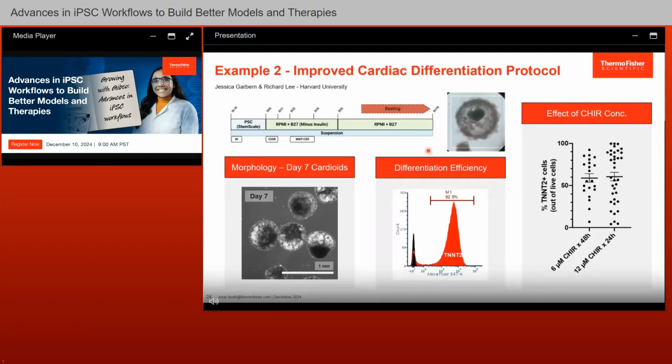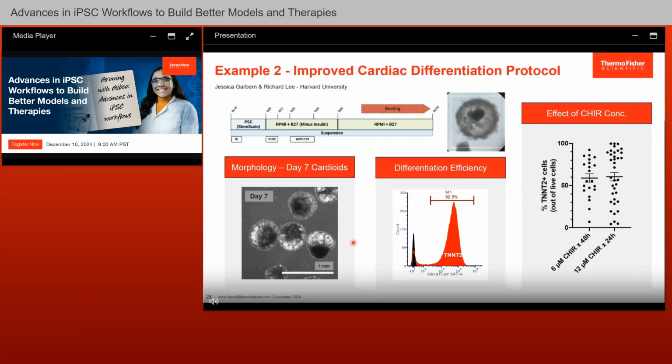Now, this protocol utilizes small molecules to stimulate Wnt activity initially, driving the transition into mesoderm before eventually blocking Wnt activity yet again in order to further induce a cardiac-specific phenotype.